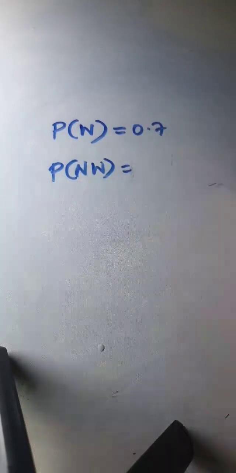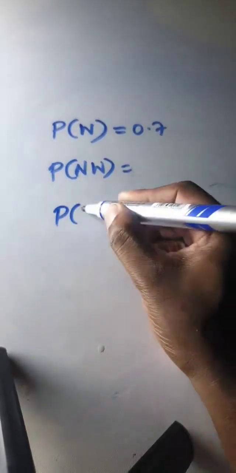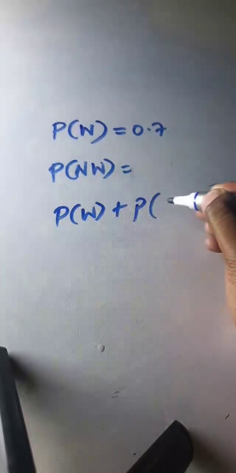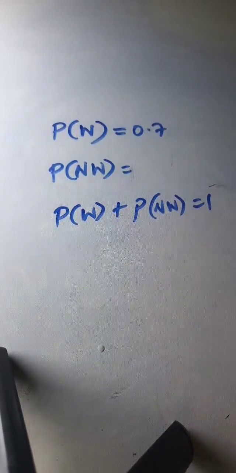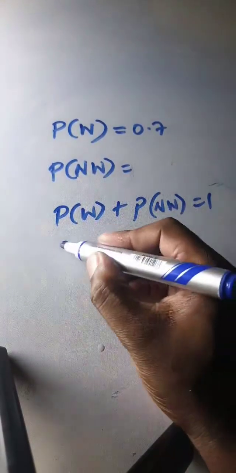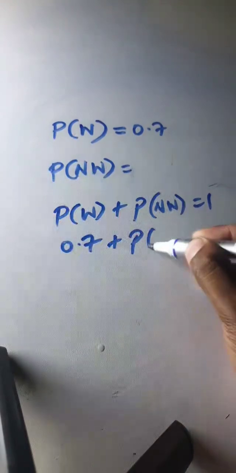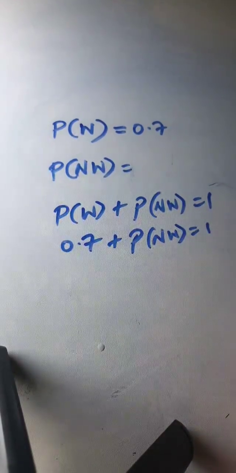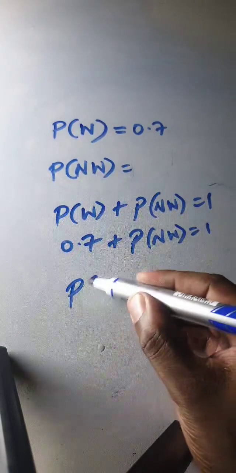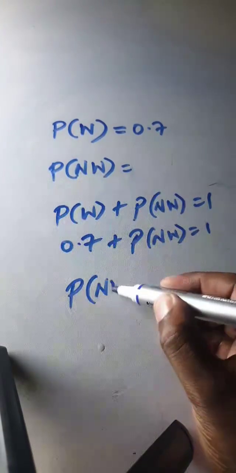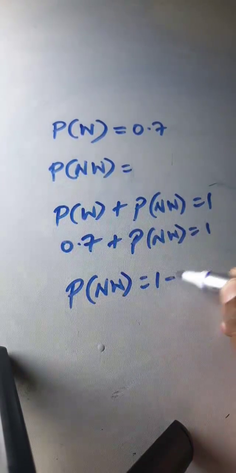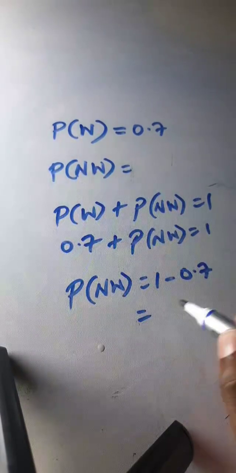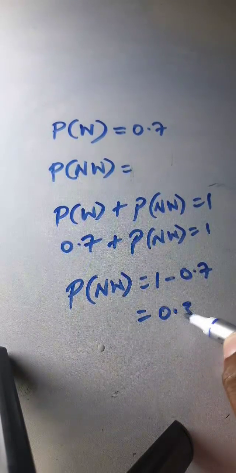Find the probability that she doesn't have. So we always subtract what we have been given from 1. New wig is 0.7 plus no new wig. So the probability of Sarah not having a new wig is equal to 1 minus 0.7, which will give us 0.3.